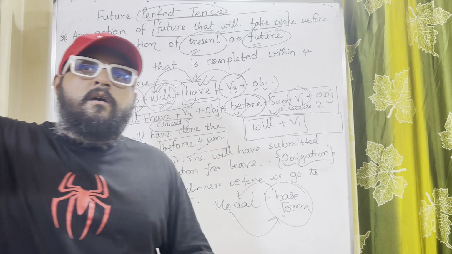It's absolutely okay. We will have had dinner, so the action of having dinner will take place before. First you will have dinner, after that you will go for a walk to the walking street. So to express such expressions as speakers or writers, you can use this technique of future perfect tense.